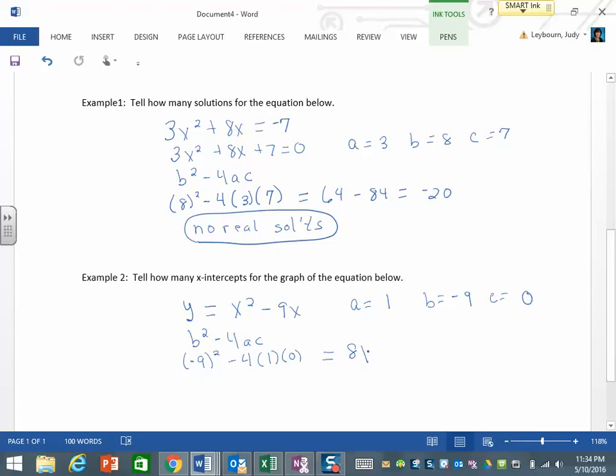Since it's a positive number, I will have 2 x-intercepts.